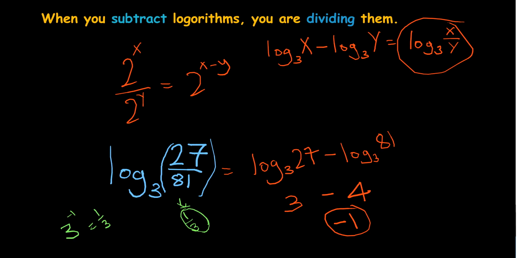So 3 to the -1 power is 1 over 3. So yep, just keep in mind that you may get negative logarithms as well, so negative exponents as well. A logarithm's argument cannot be negative, by the way. I'll explain why later. Sorry about that. So yeah, on to the final example.